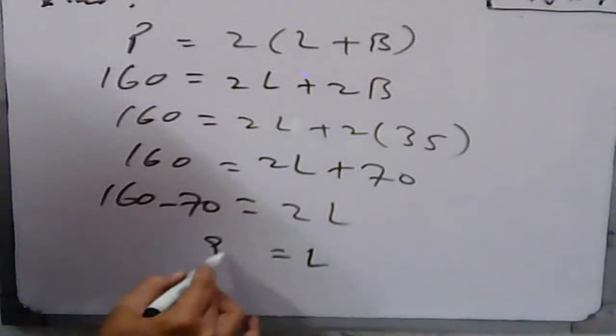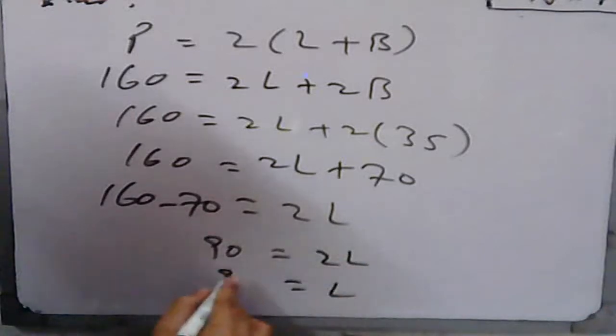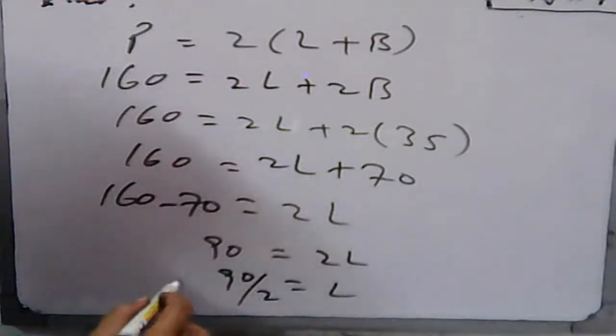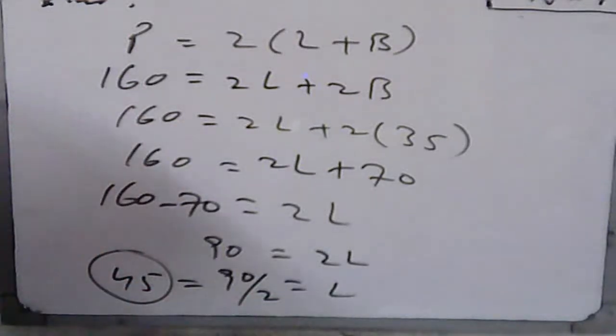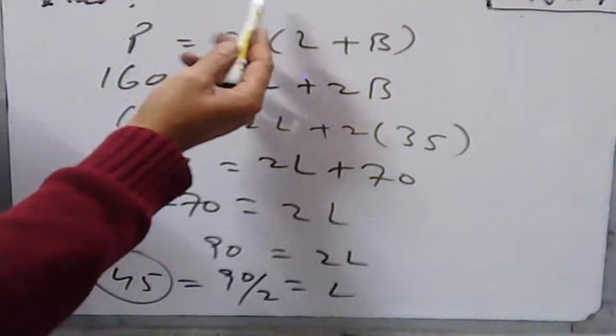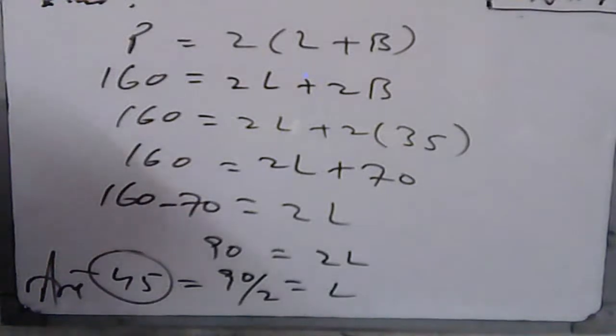The value of L is 90 divided by 2, so you will get 45. So the value of L is 45. That is your required result.